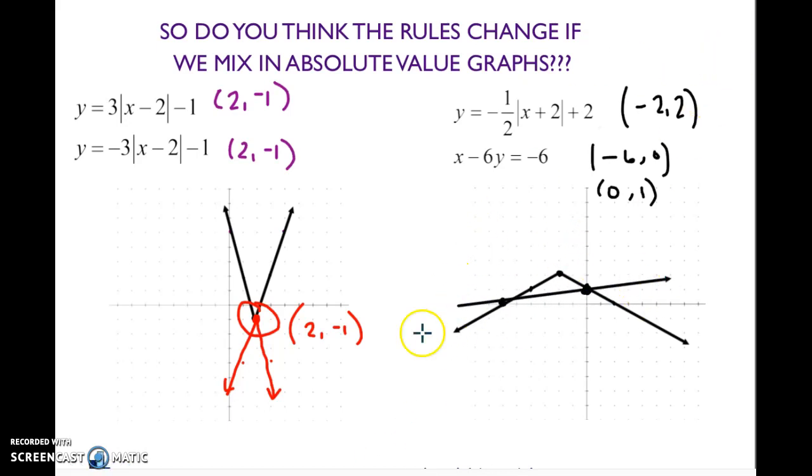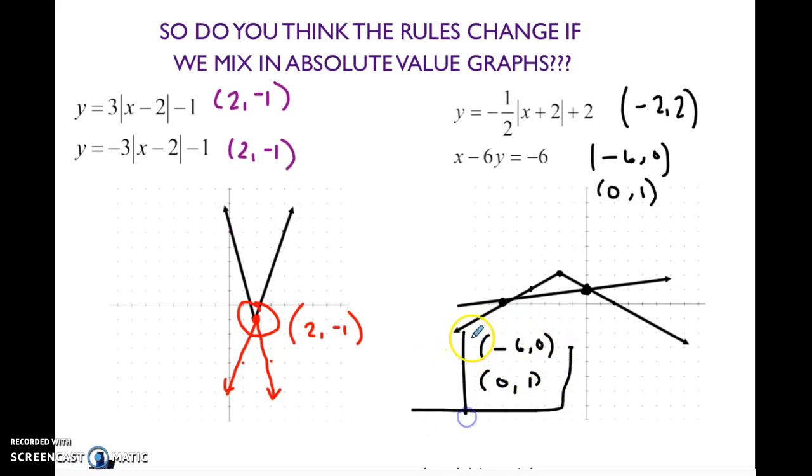And so that's my line. So this system actually has two solutions. We have a solution at negative 6, 0 and a solution at 0, 1. And that's my answer.